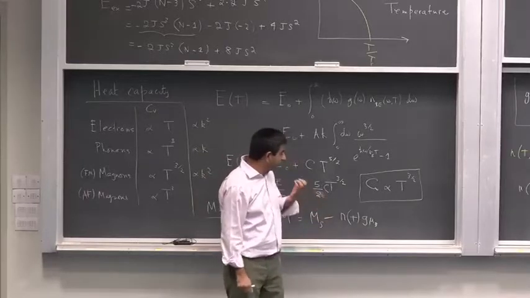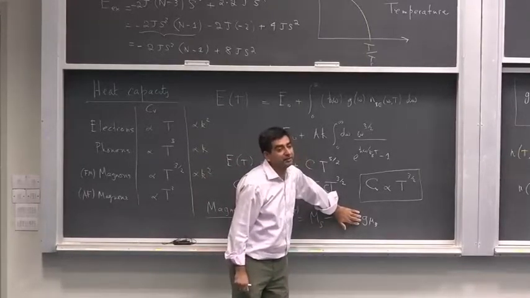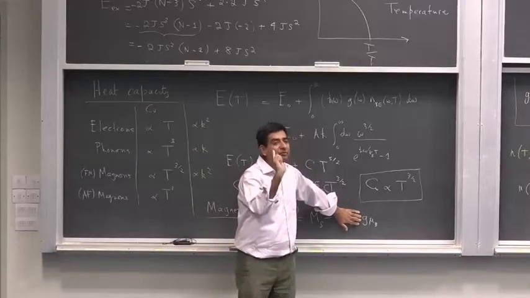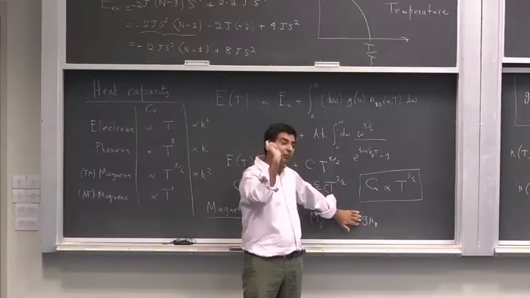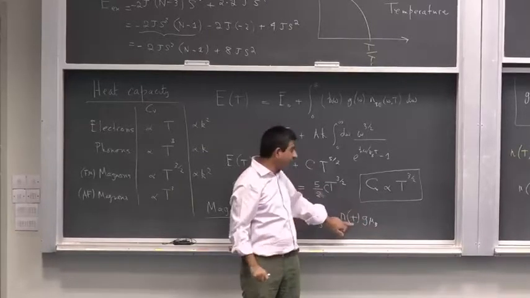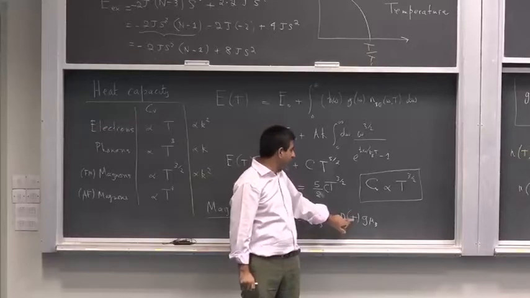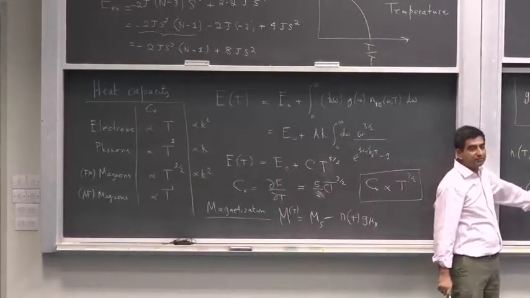Because each magnon carries a magnetic moment of g mu_B, because it carries one unit of angular momentum. It's one spin that is being flipped associated with one quasi-particle, the magnon that is being excited. Now you have n of these at temperature. Now this n, we found out, depends upon T raised to 3/2.